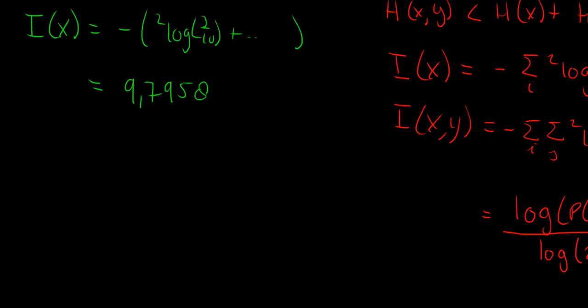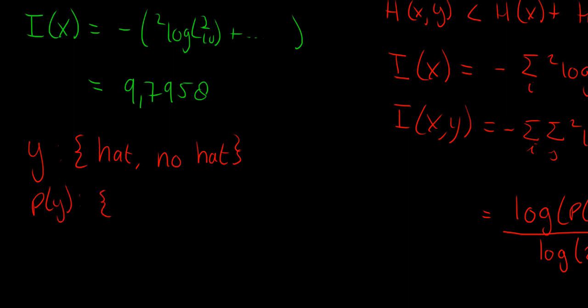Now let's say we are not just looking at cars, bicycles and everything, we're also looking at whether they have a hat on or not. Its probability distribution we have seen to be like this. 2 out of 5 people had a hat, and the other 3 over 5 had no hat.